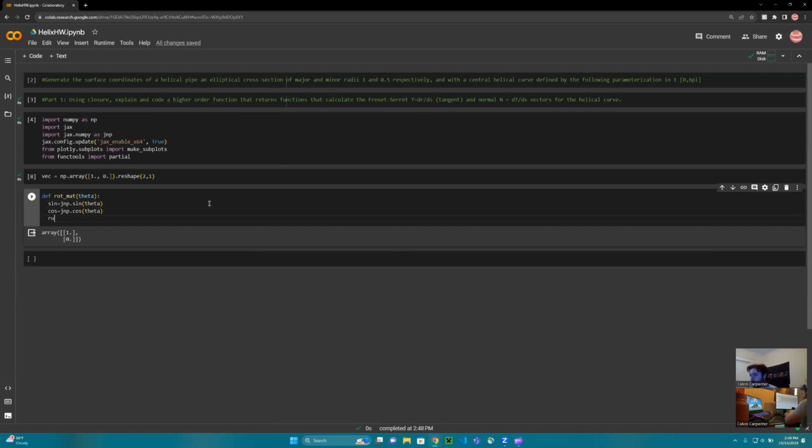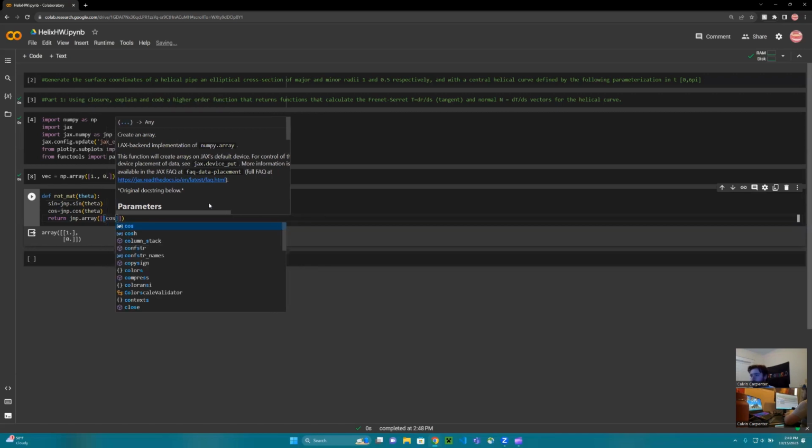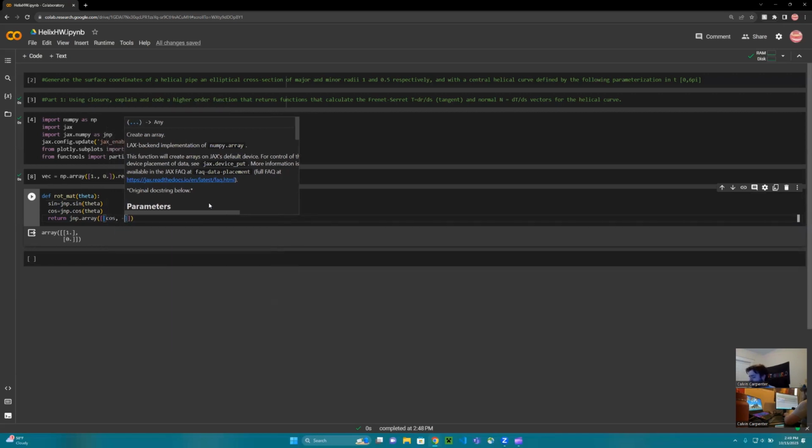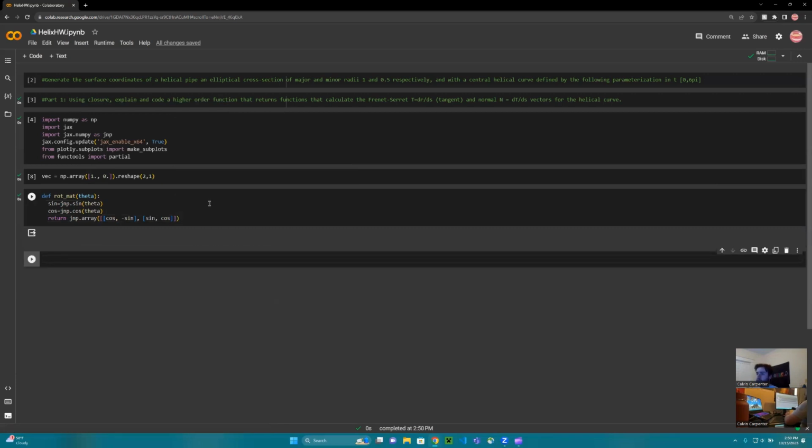And then we're going to return our array, which is going to be cosine, negative sine, and then sine, cosine. Cool.